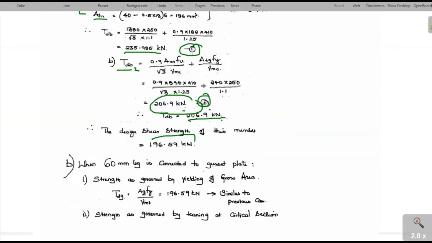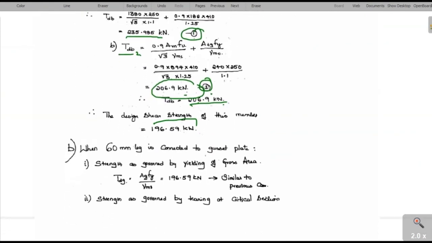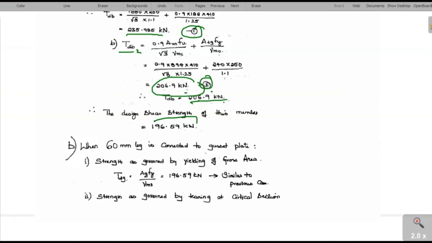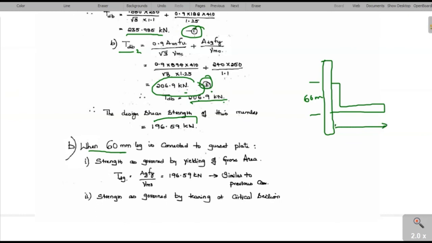And let me give you this as homework, the continuation of this problem. So in the second case, what we are doing is, instead of connecting the 90 mm long leg to the gusset plate, we are connecting the 60 mm. So the gusset plate is in this way, and this is the angle section, and from here to here it is 60 mm, and from here to here it is 90 mm.